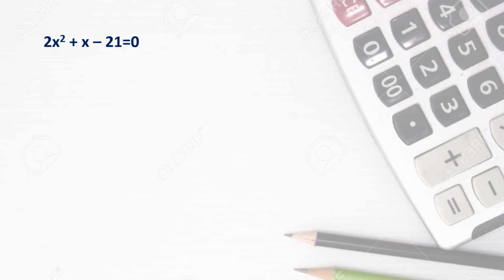Let's solve one more example: 2x squared plus x minus 21. What you have to notice is that a is greater than 1 because a is equal to 2. So the first step is to multiply a with the last term c. It means AC, which is 2 times negative 21, and you will get negative 42.